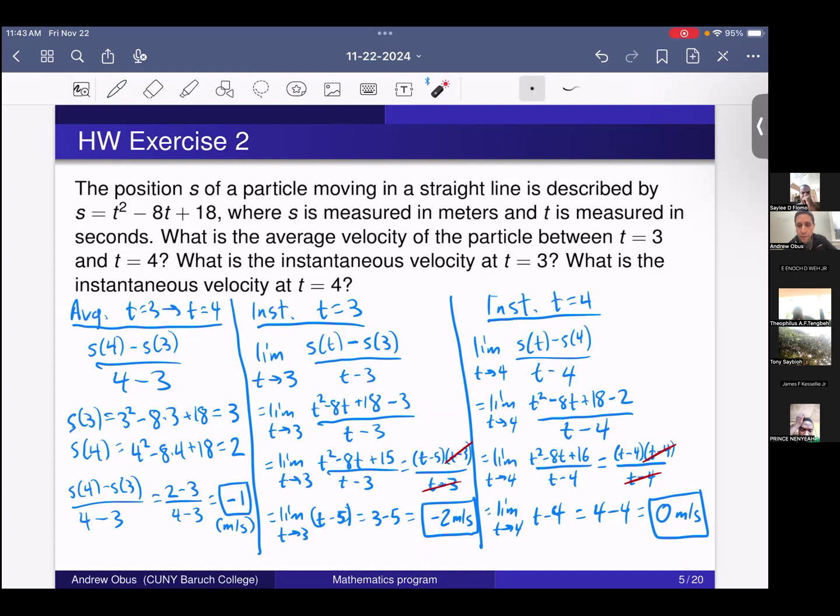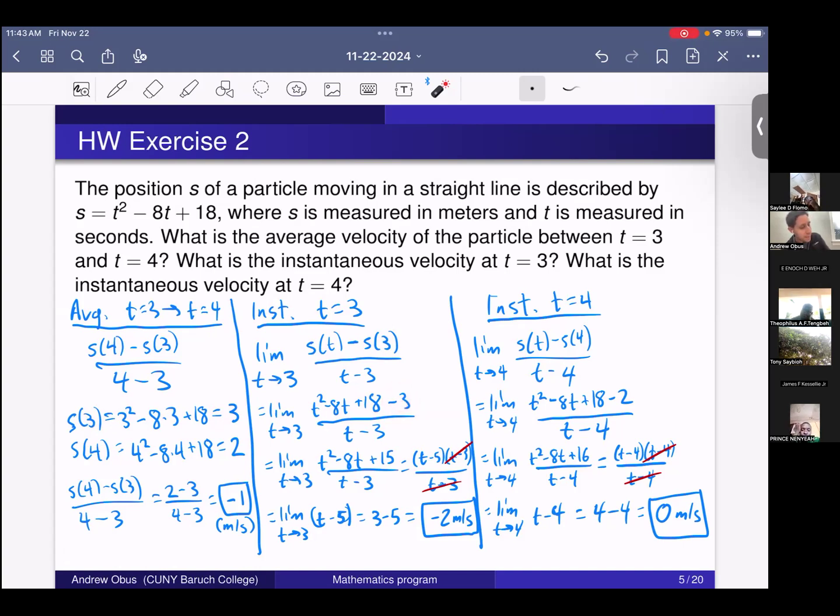Yeah, I'm kind of confused because the first one has plus 8 plus 18, minus 18 plus 18. But now I see 16 minus 18 plus 16. How do we get like 15? Right. Okay, good question, right? So the point is that you have S of t minus S of 3 here, right? So the S of t is always t squared minus 8t plus 18. But we calculated that S of 3 here was 3, right? If you plug in 3, you get 3. So you have to subtract a 3.